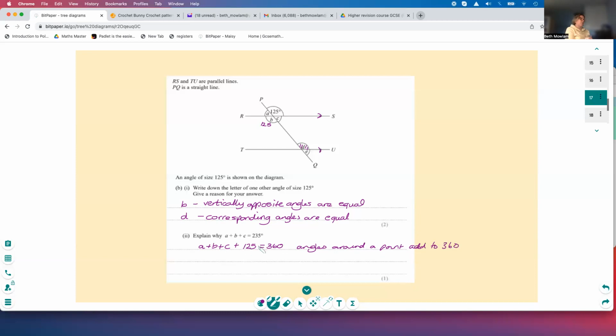So then we know that if we take away 125, so 360 minus 125 is 235. So A plus B plus C must equal 235.